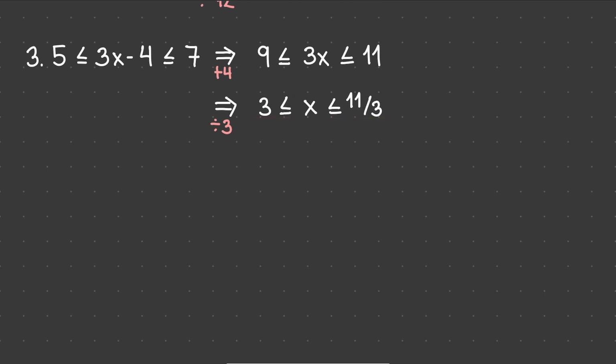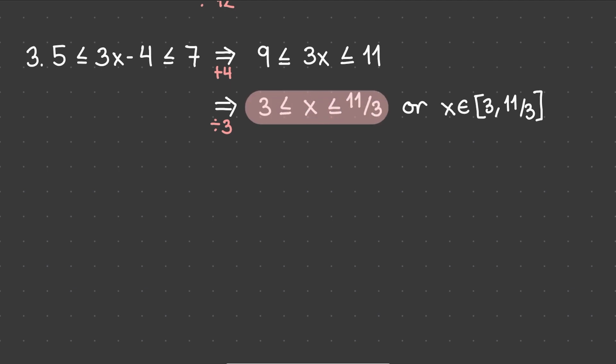So this one is the answer, or in interval notation, a nicer looking notation, this is basically 3 to 11 over 3 with both closed brackets, since we're dealing with less than or equal to in this case. So that's the answer for this problem.